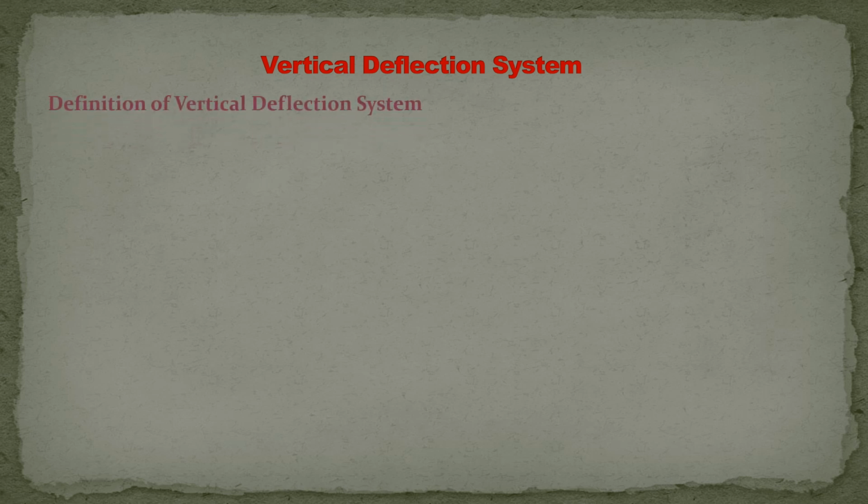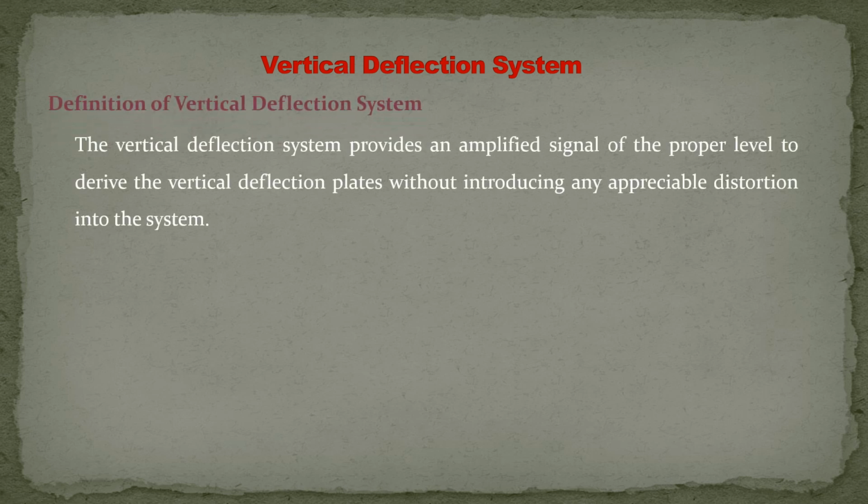Definition of vertical deflection system: the vertical deflection system provides an amplified signal of the proper level to drive the vertical deflection plates without introducing any appreciable distortion into the system.